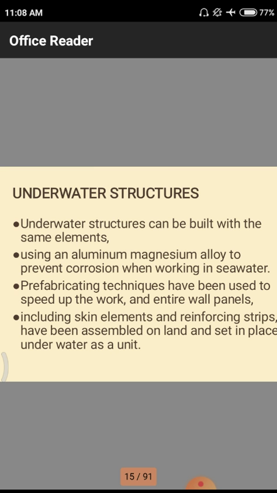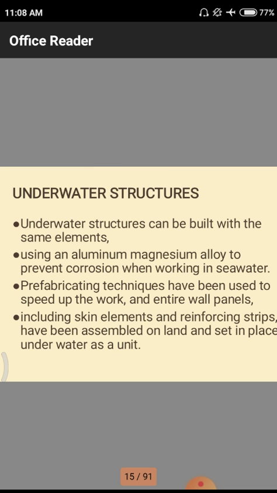Next one is the prefabricating technique, which has been used to speed up the work. Prefabrication means the materials useful for the construction are prefabricated in factories before construction, and those elements are then used in the structure.